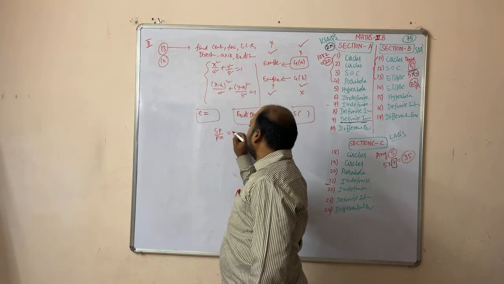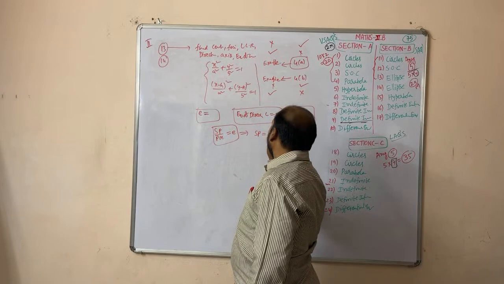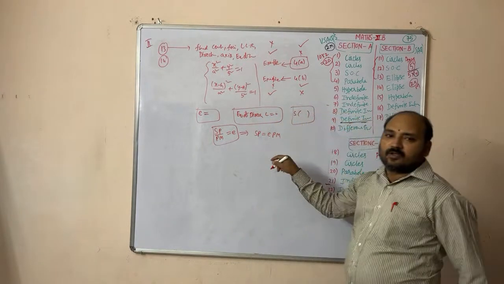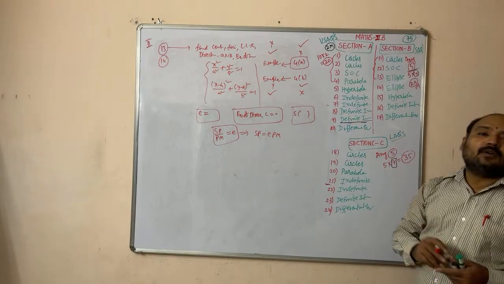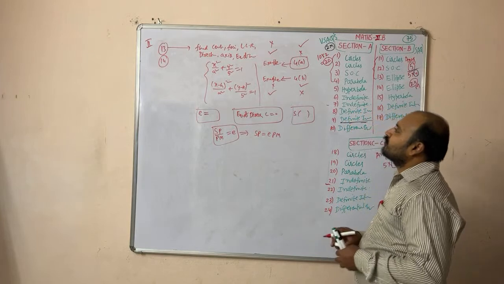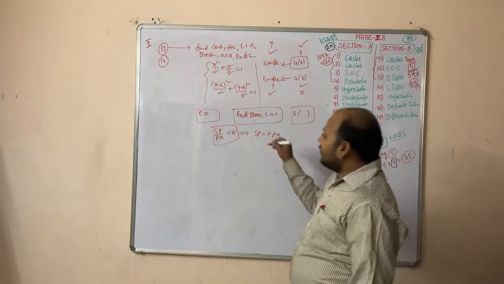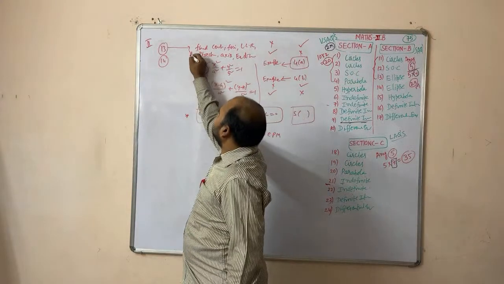So cross multiply: SP is equal to e into PM. Cross multiply and simplify, and you will get one equation, which is called the equation of the ellipse. This is the first preference.